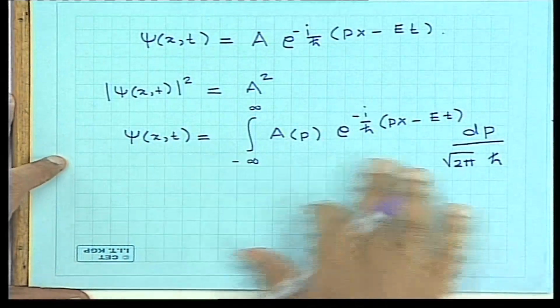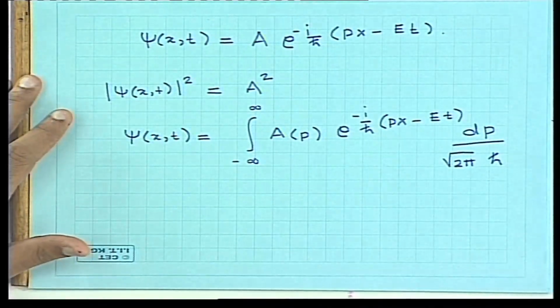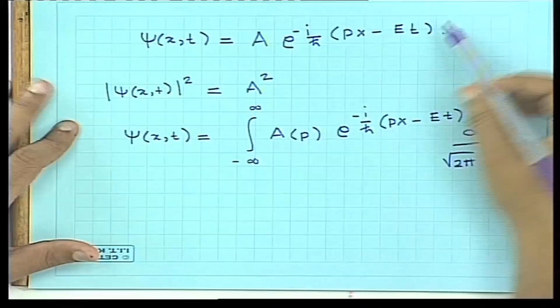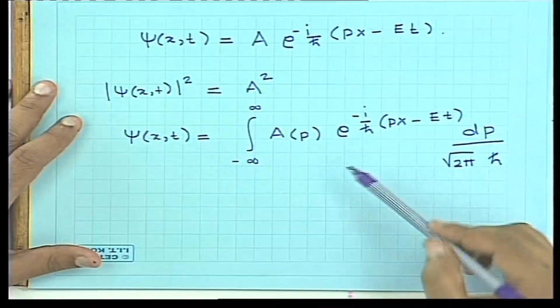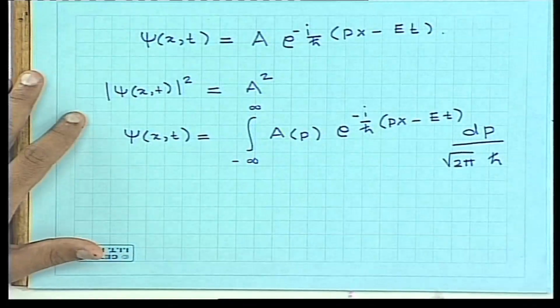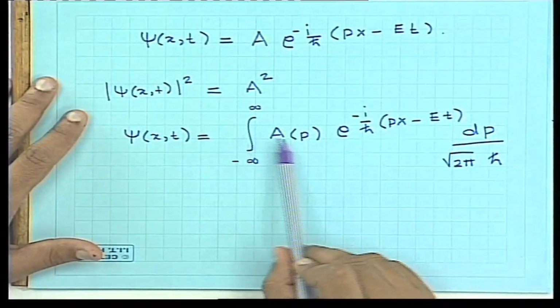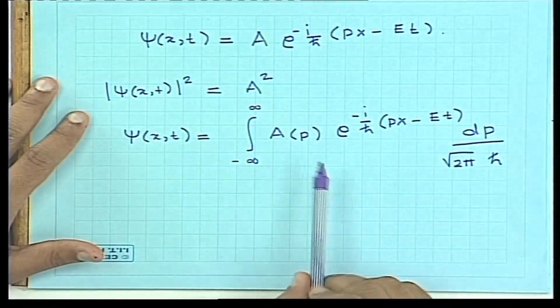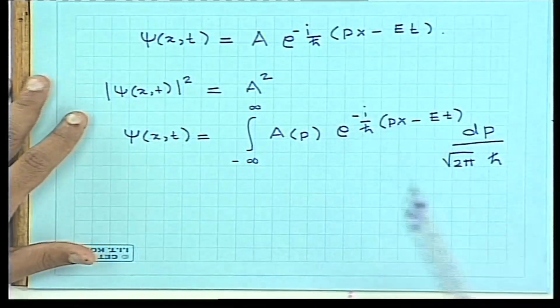So what do we have here? Here we are superposing waves, plane waves, with all possible values of momentum. But we can give different amplitudes or different weightage to different values of the momentum.